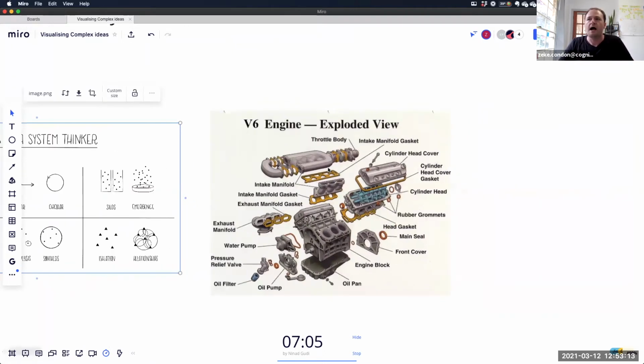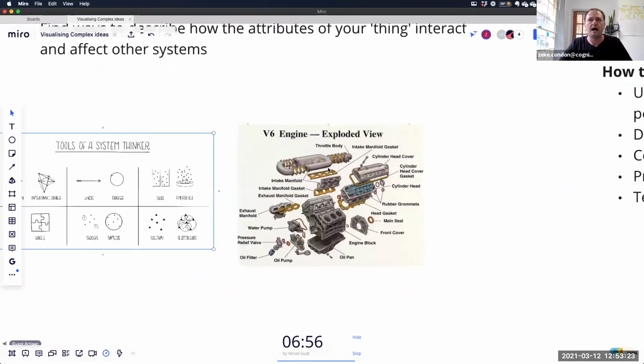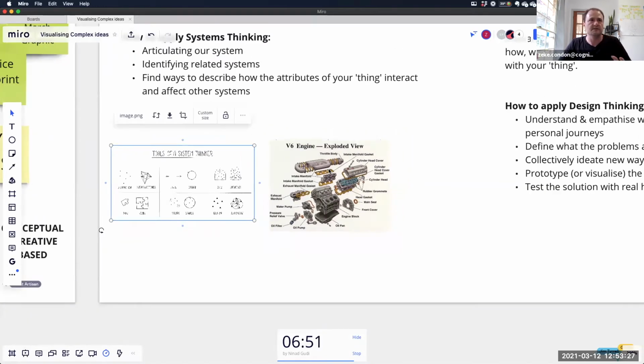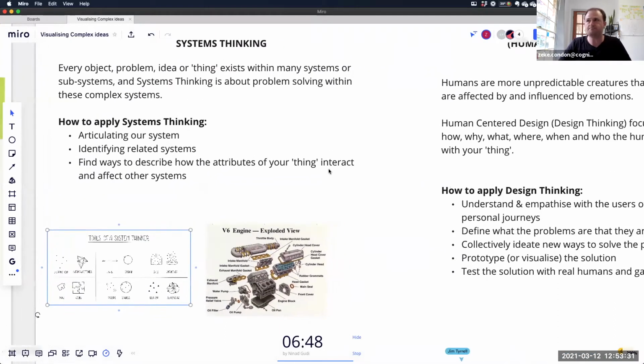So have a look at systems thinking, think about how you can apply that to the problem that you're trying to articulate. It's a big area to get into, but I definitely recommend learning a little bit more about how to apply systems thinking to problem solving.